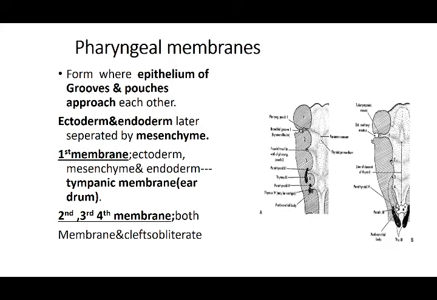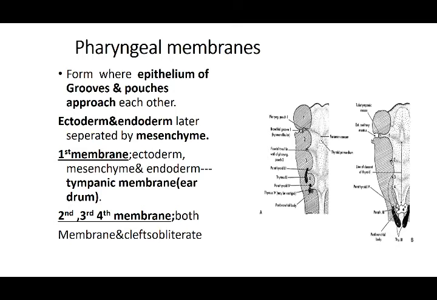So where they are meeting, that part is where you have your pharyngeal membrane. Again, this picture shows you the first one is your external auditory meatus on the outside. Inside from the endoderm is your tubotympanic recess, and where all these are meeting with the mesenchyme in between, it's forming your eardrum. So you can see the contribution by all the three layers.